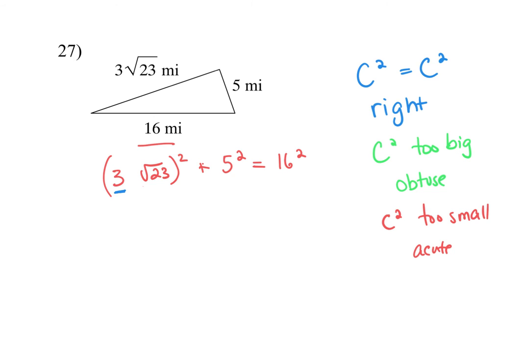You square this, that's just 9, and you multiply it by just what's inside, because the square root goes away when you square it. So you're going to get something like that. 9 times 23 there, which is like 180 plus 27, so what, 207? Okay, and then you just do it like this. And then 16 squared is 256.